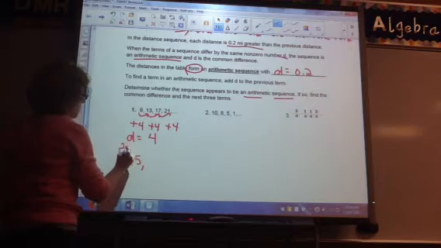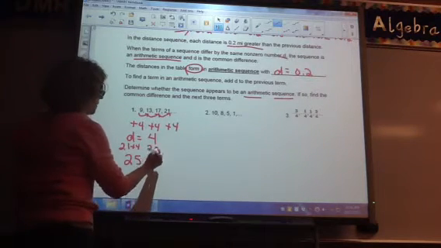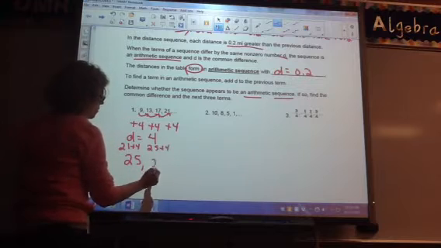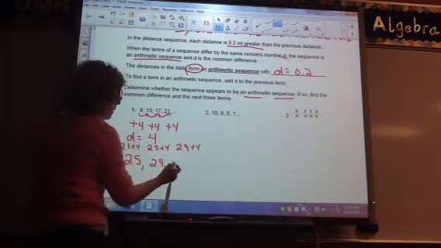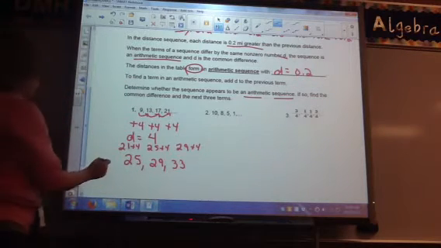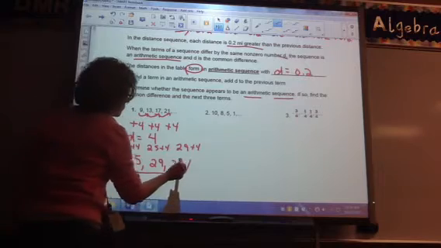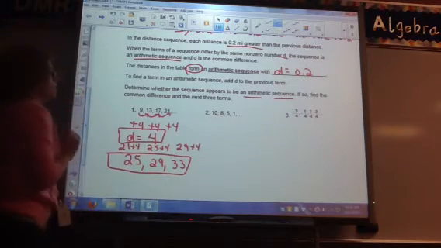Then 25 plus 4 is 29, and 29 plus 4 is 33. So these are your next three terms, and here is your arithmetic sequence.